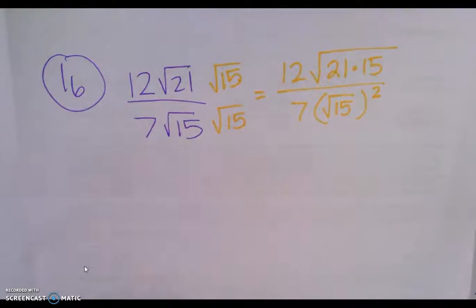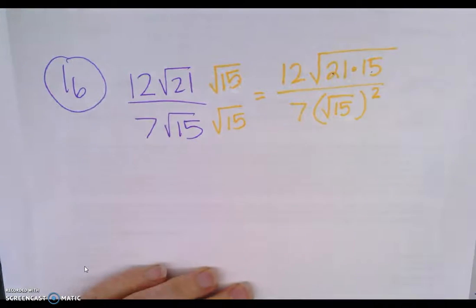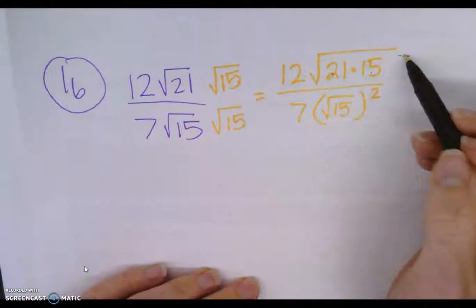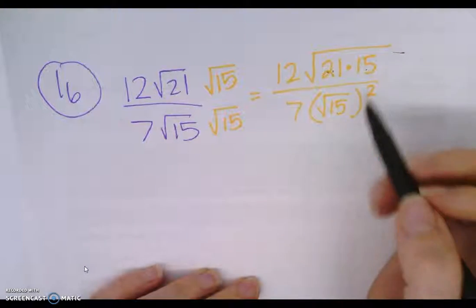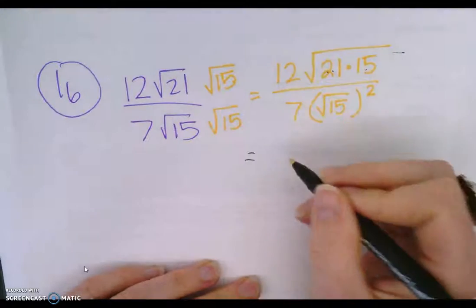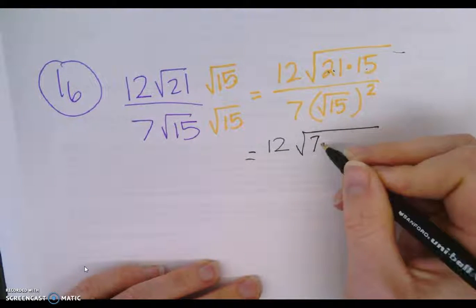Excellent. Taking a look, I'm going to decompose or break down 21 into factors and 15 into factors in hopes that I have 2 of the same factors or pairs that I can pull out of my square root. I'm going to do it this way because I don't have a calculator to deal with really big numbers. So let's see, I have 12 and 21, 7 times 3.